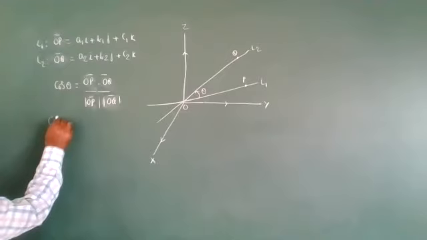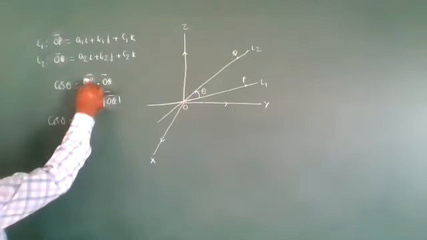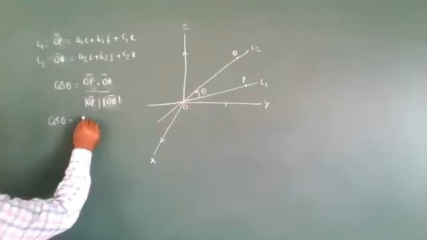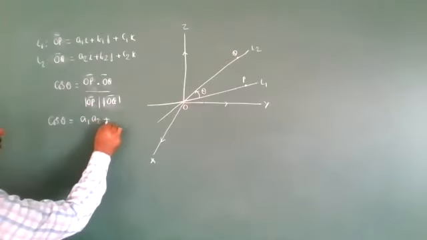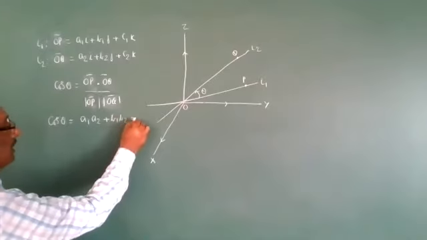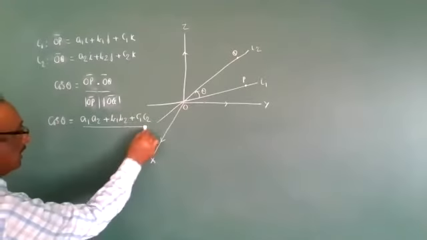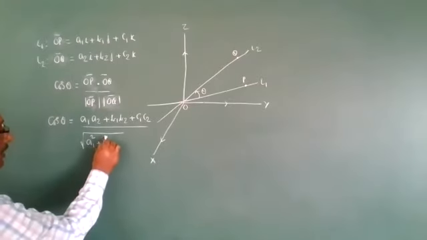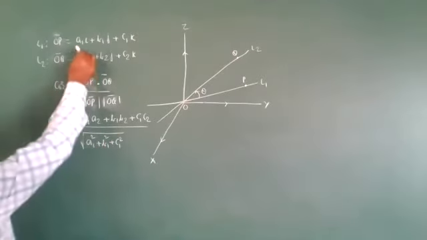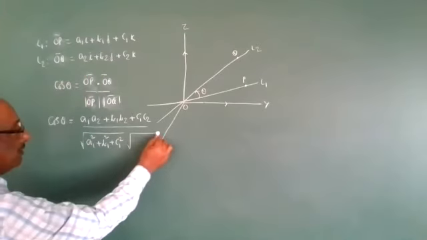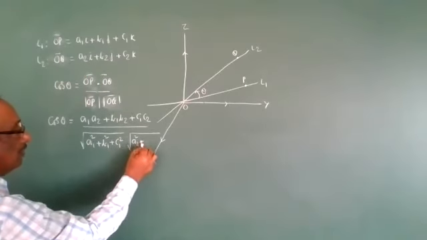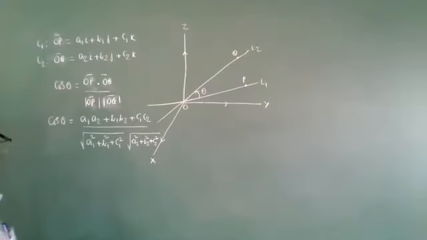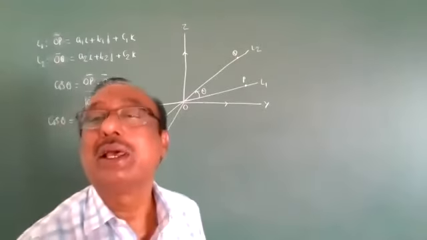Cos theta is equal to the dot product, which is the i components multiplication, j components multiplication, k components multiplication: a1 a2 plus b1 b2 plus c1 c2, divided by the modulus values. The modulus of the first vector is root over a1 square plus b1 square plus c1 square. The modulus of the second vector is root over a2 square plus b2 square plus c2 square. This is the cos theta formula we are going to apply.